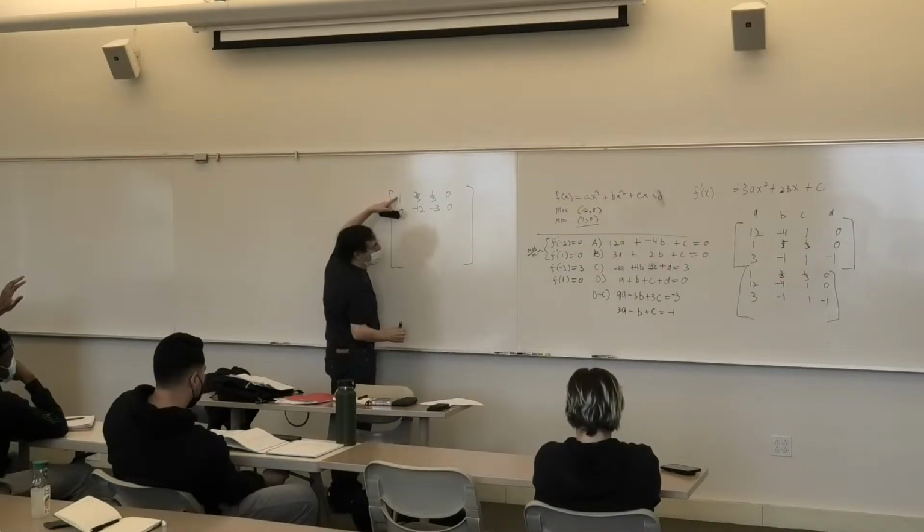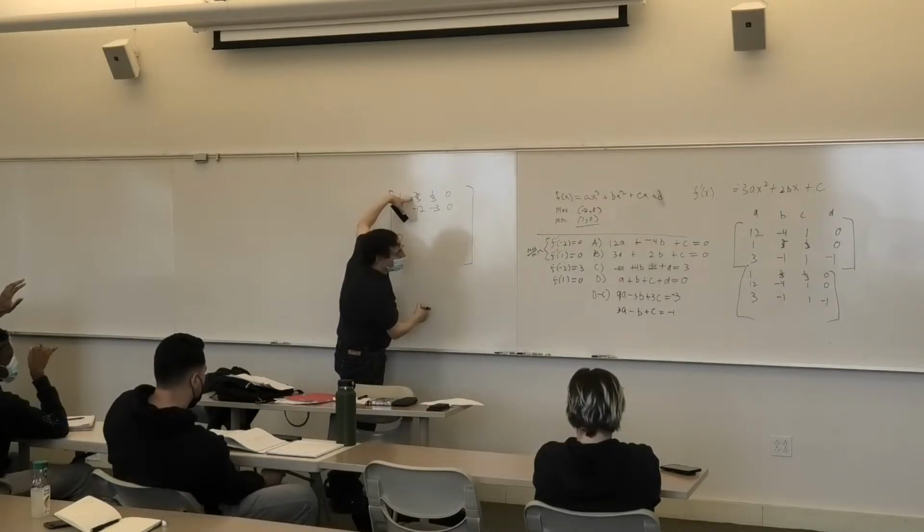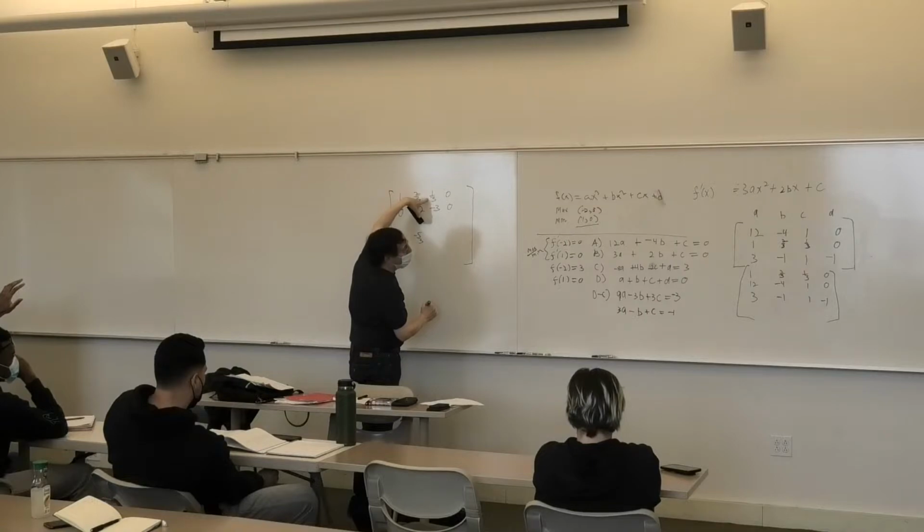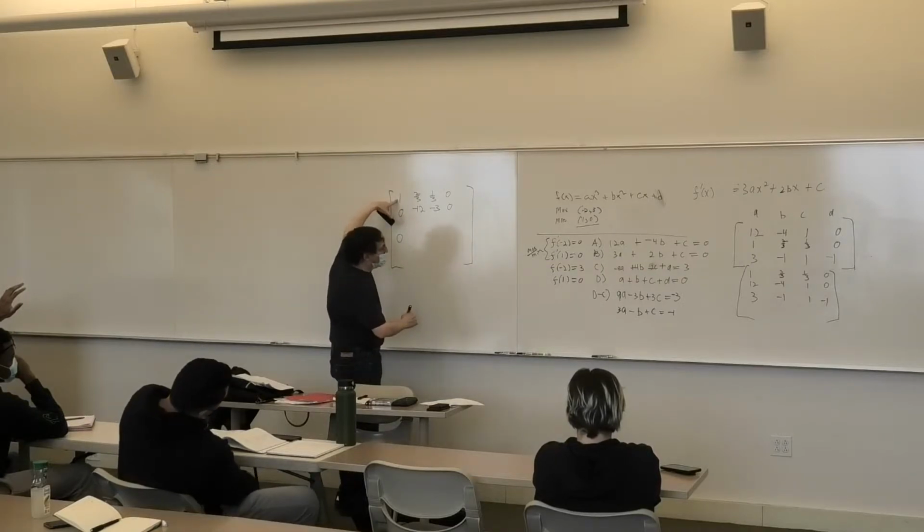And this times minus 1 plus the bottom is minus 2/3 plus minus 1, minus 5/3. Oh, wait a minute. Multiplying this by minus 3 and adding it.